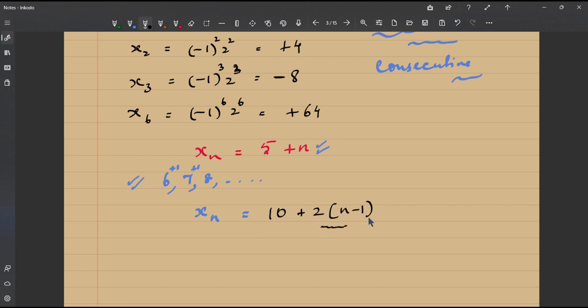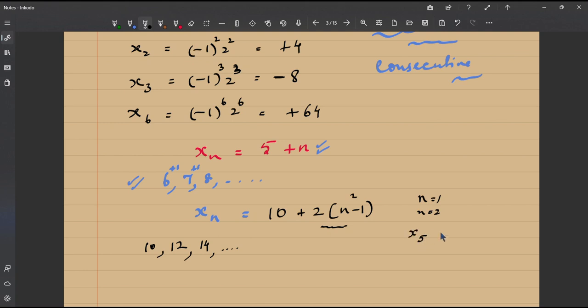I'll just do it quickly, but you can work it out. You can pause the video and work it out for n equal to 1, n equal to 2, etc. If n is equal to 2, it's going to be 2 minus 1, 1, so 12. If n is equal to 3, we have 3 minus 1, this becomes 2, it's going to be 14, and so on.